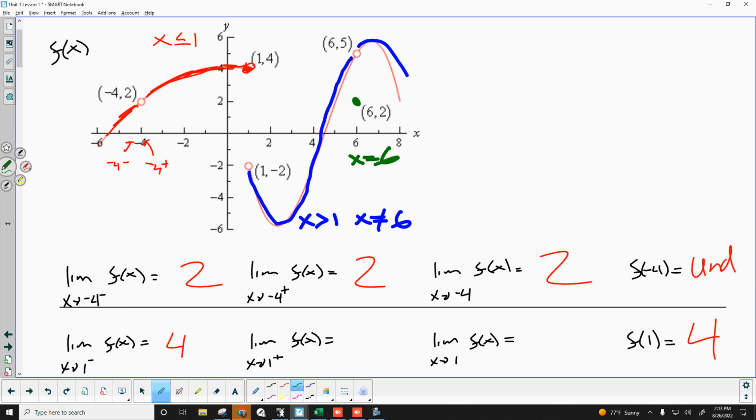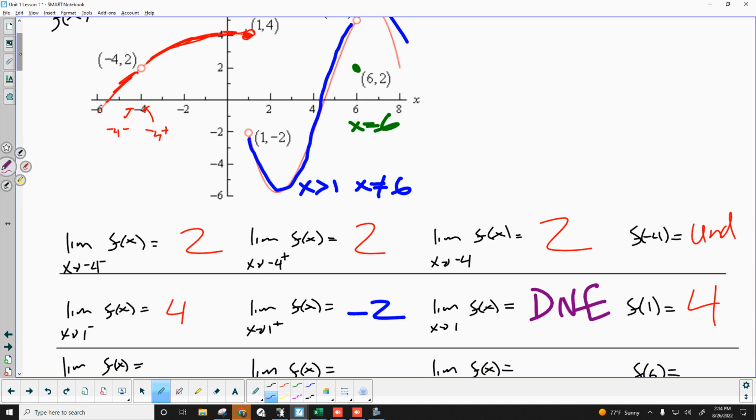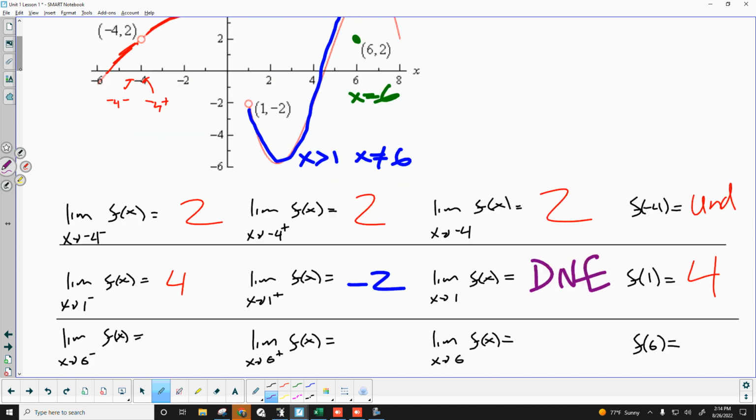Using the blue piece for 1.001, approaching -2, this and this do not agree with each other, so the limit does not exist. I don't care that there is a point at 1, 4. If I go and look at this last guy.